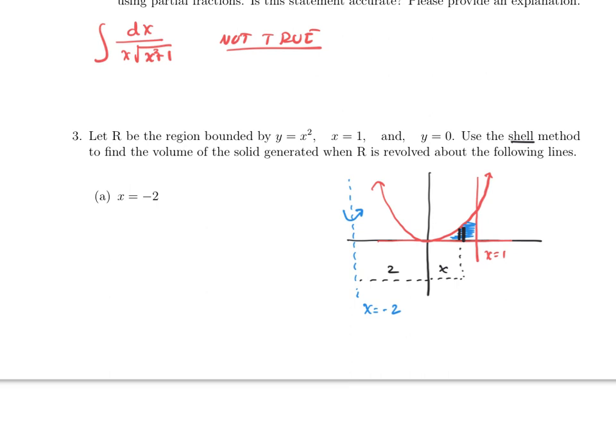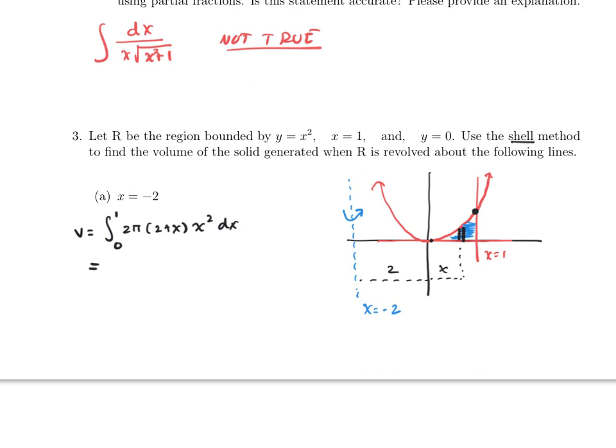So then the volume, remember, will be the integral from 0 to 1, because this goes from 0 to 1, of 2 pi, and then the distance is x plus 2, times the function, which is x squared dx.